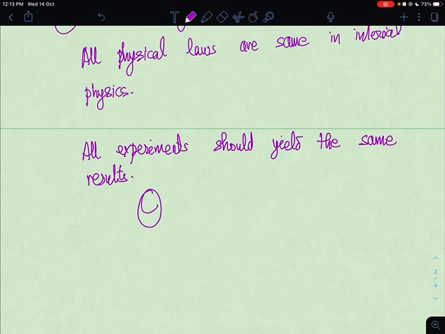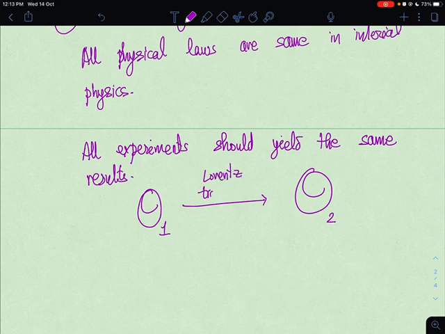So if you have a frame theta 1, and you transform to another frame theta 2, to relate the same event in theta 2 at speeds very close to the speed of light, you can no longer use Galilean transformations, but you have to use something called the Lorentz transformations. We'll see essentially what these Lorentz transformations are.